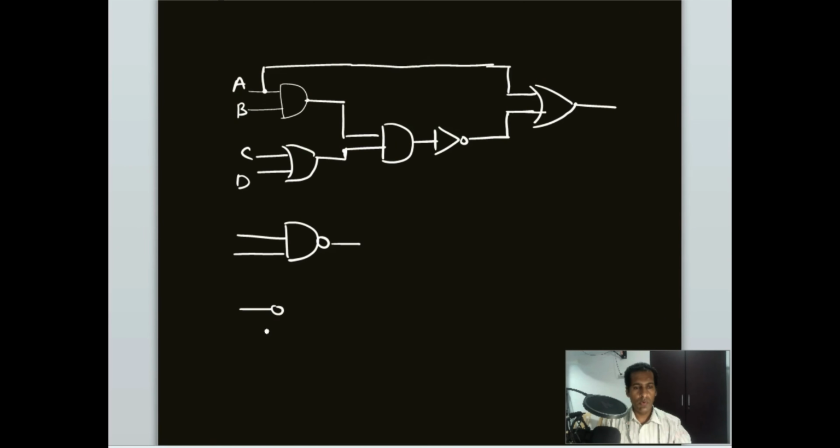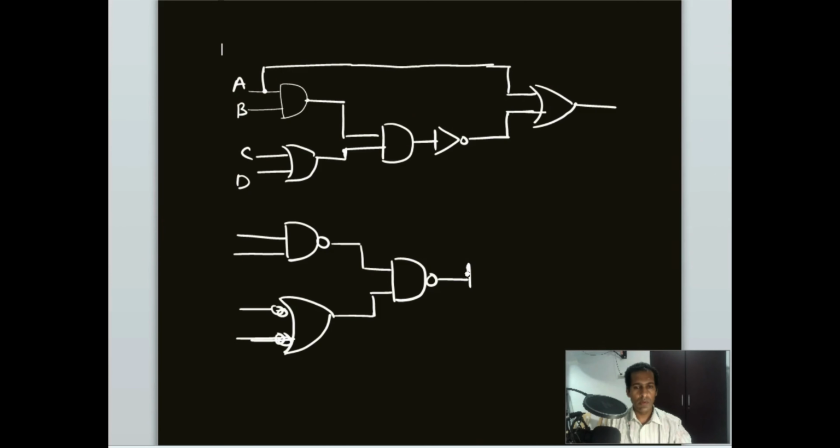Then at the input of the OR gate we add bubbles. Then we connect it to the next AND gate, and for this also we add one bubble.